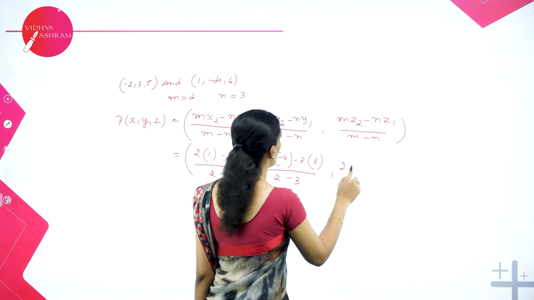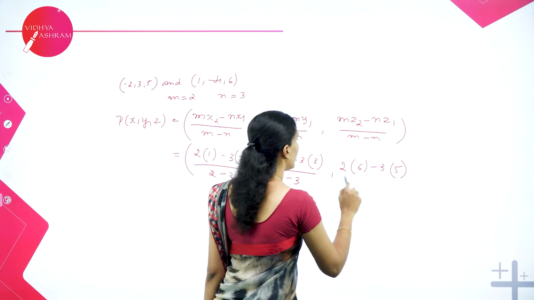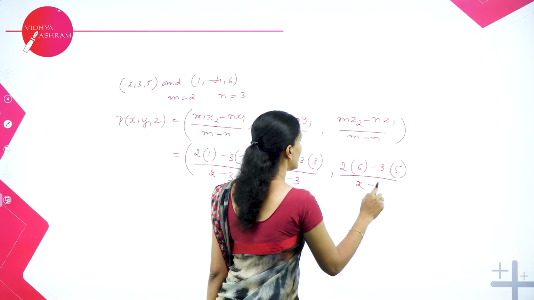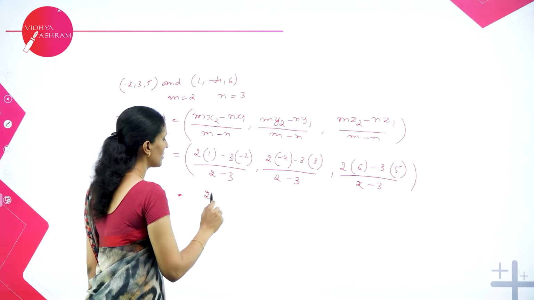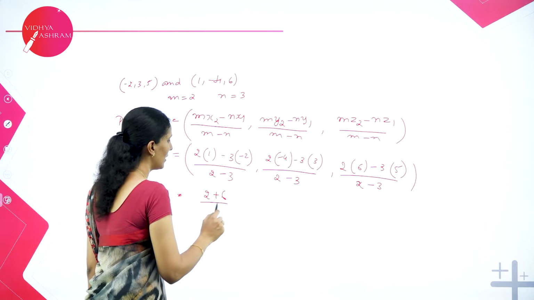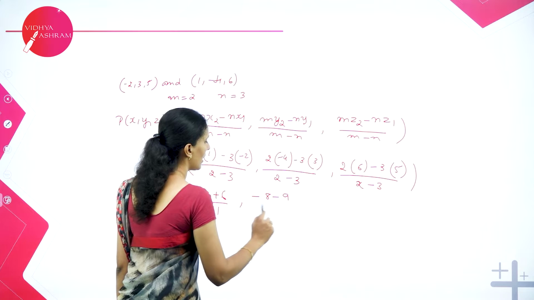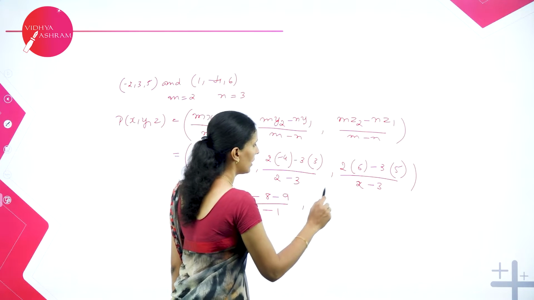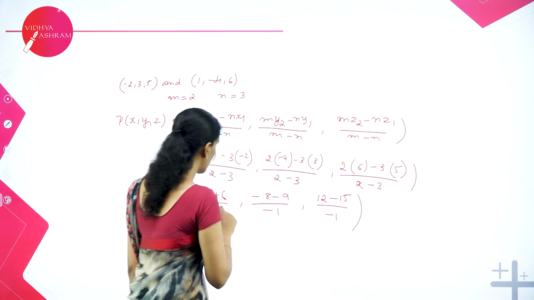Next we have 2 into 6 minus 3 into 5 divided by 2 minus 3. So we have (2 minus of minus 6), 2 plus 6, divided by minus 1, comma, (minus 8 minus 9) divided by minus 1, next we have (12 minus 15) divided by minus 1.